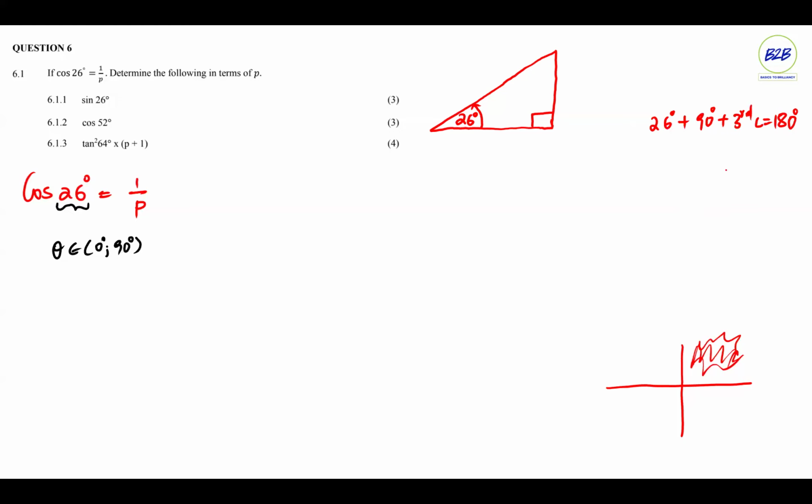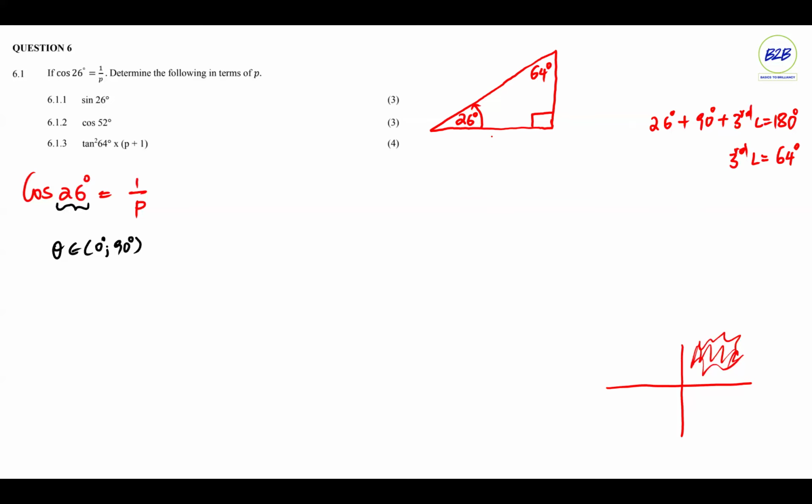And if we do our maths, we will get that the third angle is 64 degrees. So we will label that third angle as 64 degrees. And then we have labeled the angles.